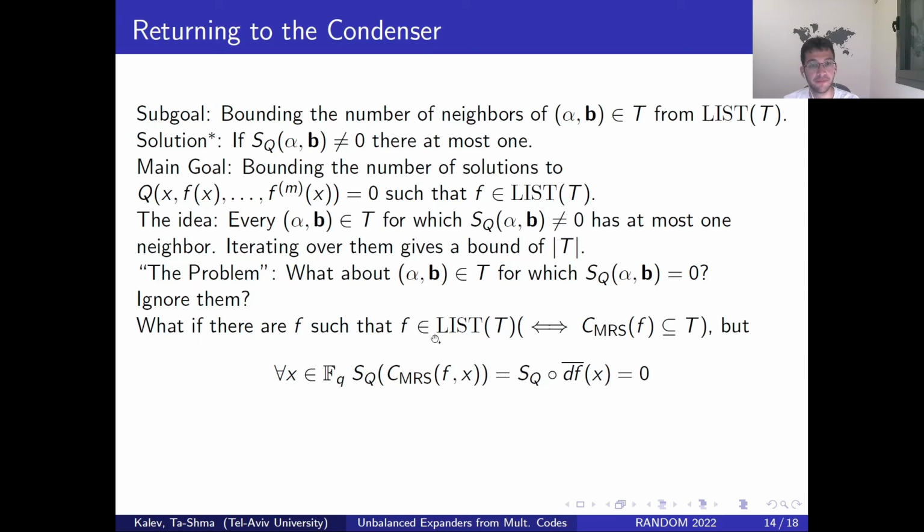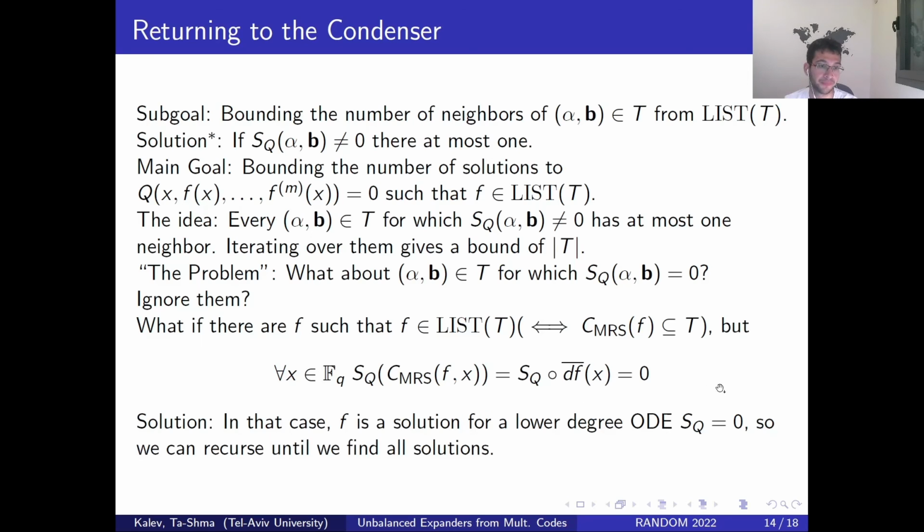Well, it fails if there is a function f which is in the list of T, but all its neighbors the separand vanishes on. Explicitly, this means that S_Q, the separand, vanishes on (x, f(x)) for every x in F_q. Or in other words, the separand composed with f equals 0 for every x in F_q.